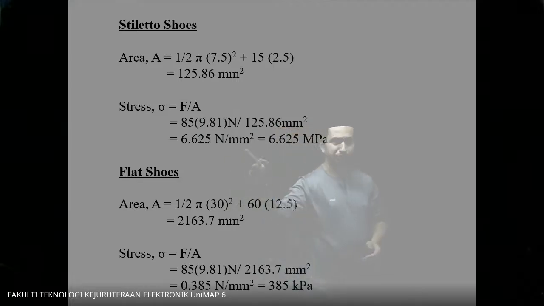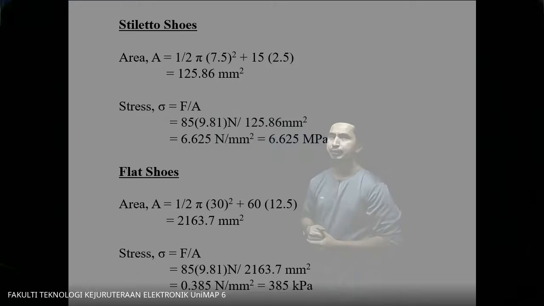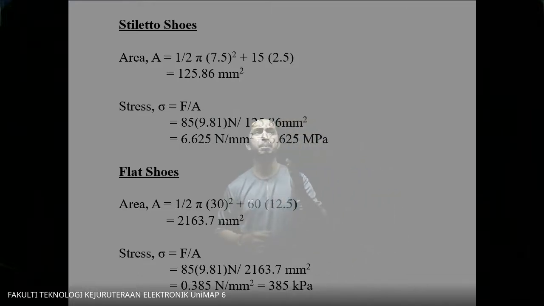Because lastly, you can see from the last equations, we will convert it into megapascal. Megapascal is in SI unit. So it will be like Newton per meter square. Okay, so Newton per meter square is Pascal.